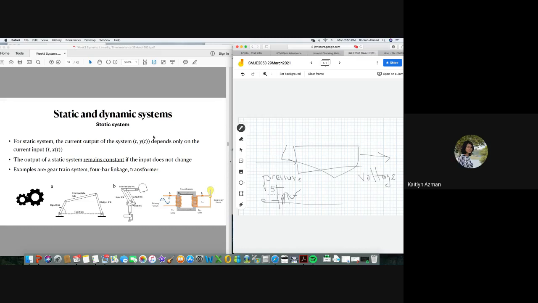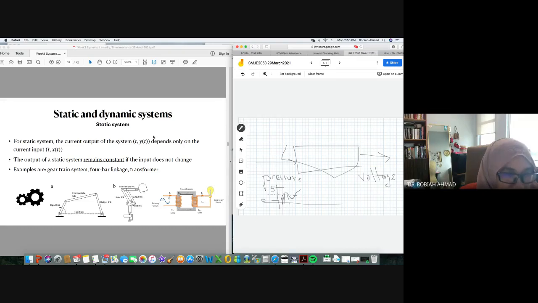Okay, in terms of time, for a static system, the current output of the system depends only on the current input. So if you look at static in terms of time, this is the definition.